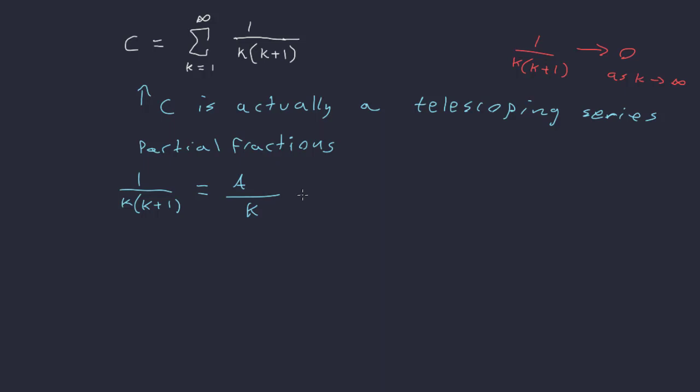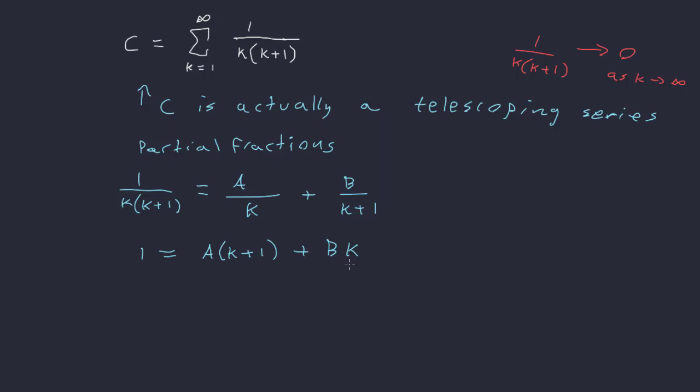So we'll have a over k plus b over k plus 1, and then we'll multiply, and have to remember our partial fraction stuff.